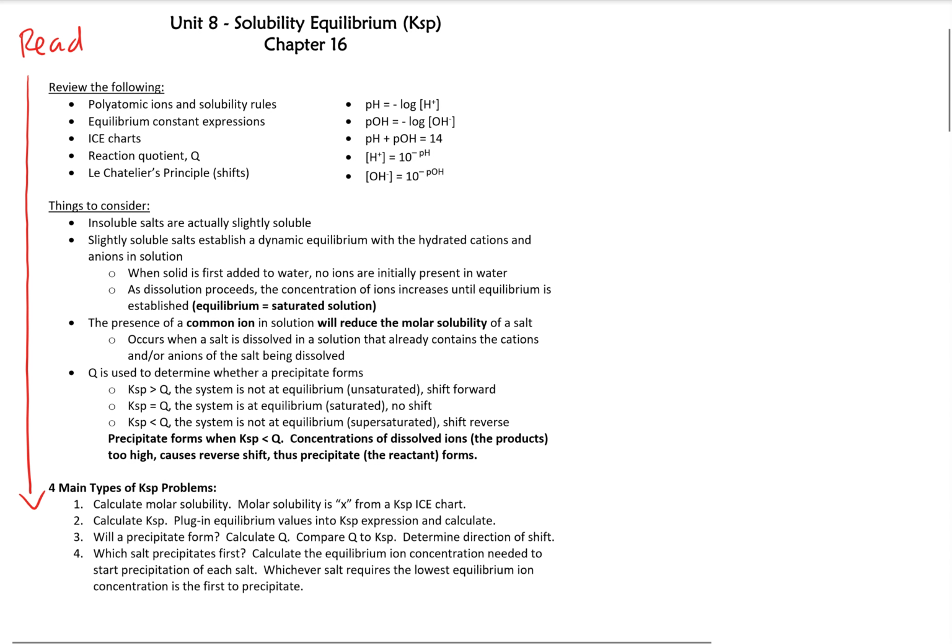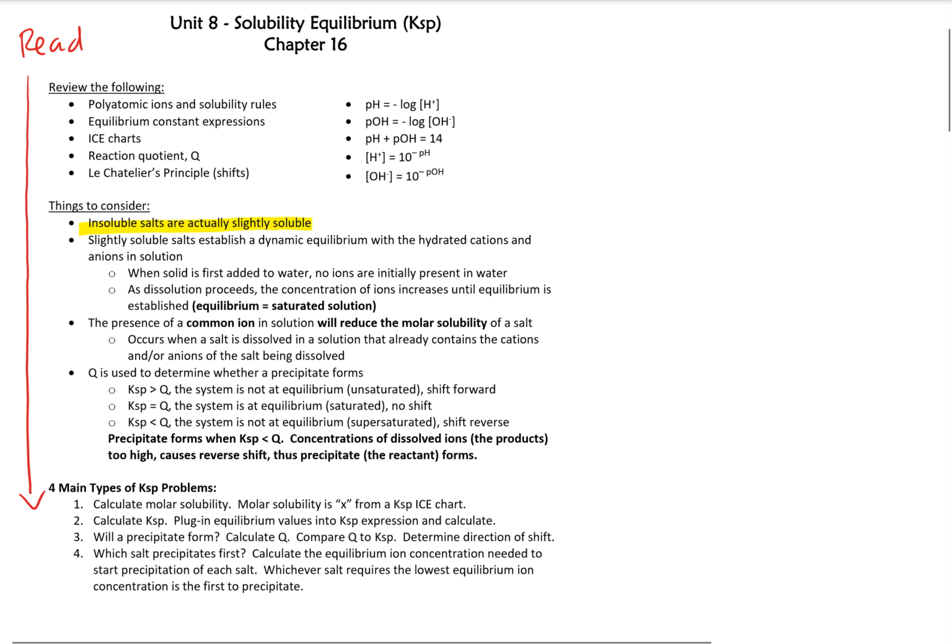So insoluble salts are actually slightly soluble. When we say we have lead iodide, for example, lead iodide is insoluble in water. It precipitates out of solution. Technically, a very small amount of it dissolves into lead ions and iodide ions in aqueous solution.